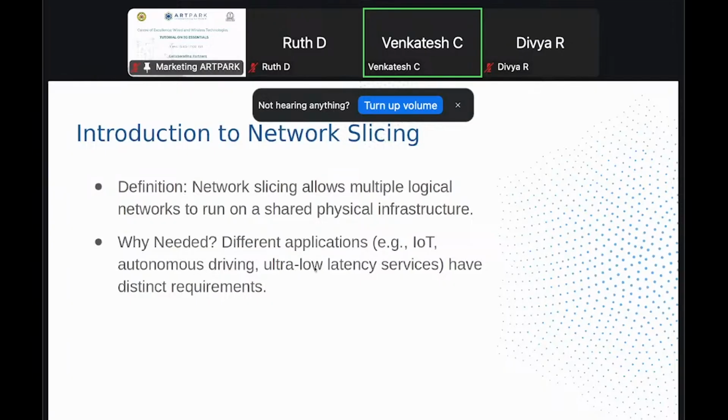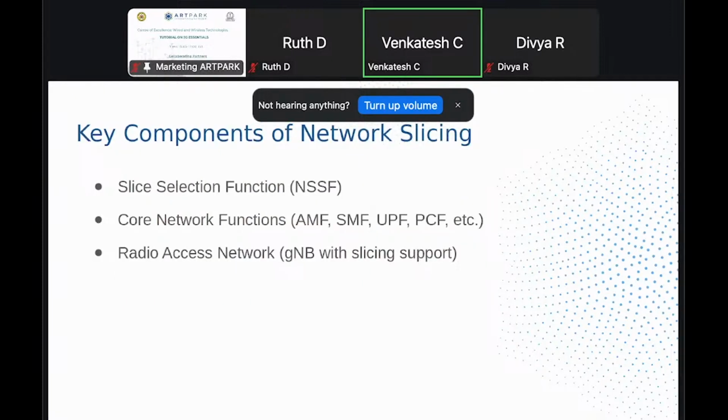And some entertainment services like gaming and video streaming require high bandwidth for seamless performance. By implementing network slices, operators can optimize resources and ensure that each service gets the required performance without interference from other applications. Here we listed some of the key components of network slicing.